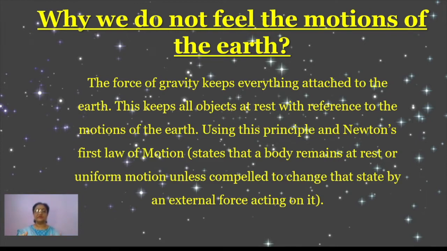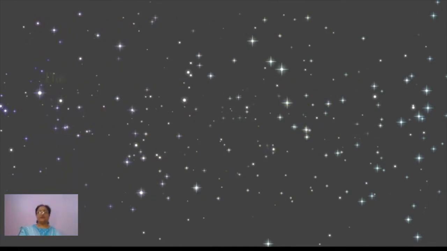And this makes all such objects on the surface at rest, okay, with reference to the motions of the earth. Clear? And this is the reason we are not able to feel any movement in this case. Any of the motions we are not able to feel at all, whether it is moving on its axis or it is moving around the sun. Okay?